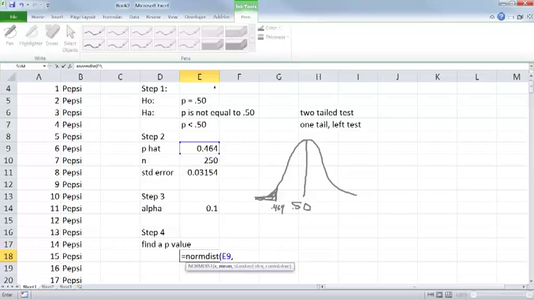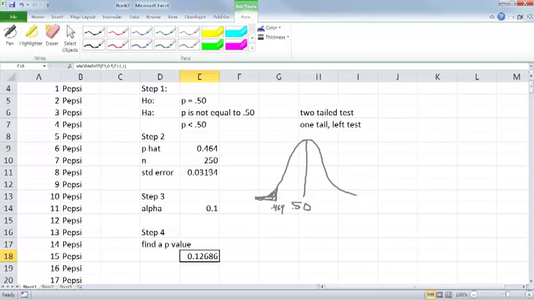What we expected to get? Well, we expected to get 0.50, that was our null hypothesis, with a standard deviation equal to the standard error, and 1. That gives 0.12. So this would not be significant with an alpha of 0.10.